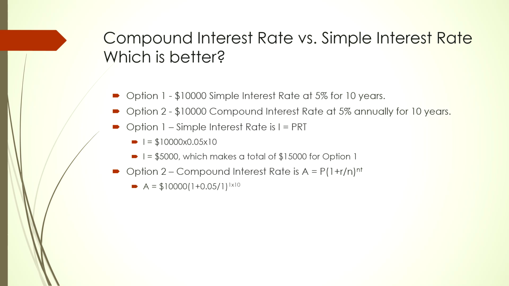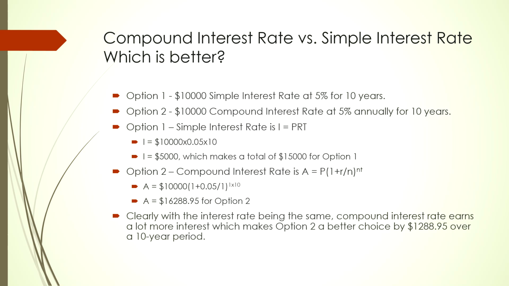And so we'll plug in $10,000 for principal, 0.05 for rate, and then 10 for time. And as you can see, that's our substitution. And then all that calculated is $16,288.95 for option 2.